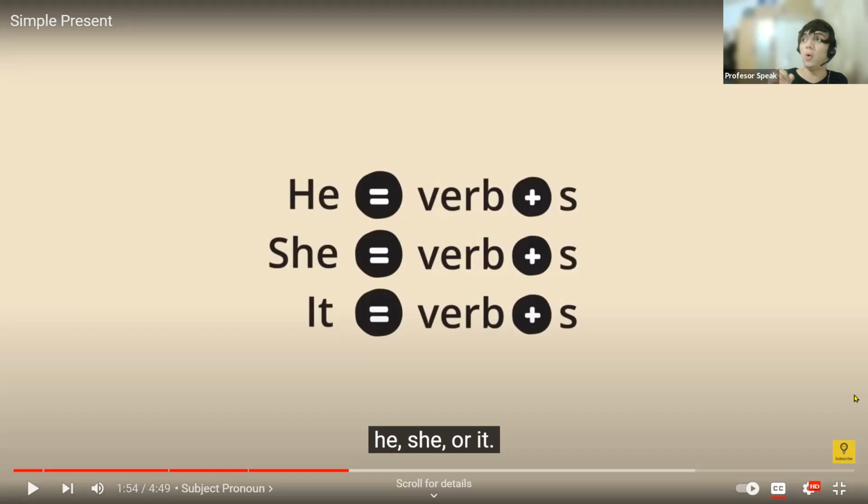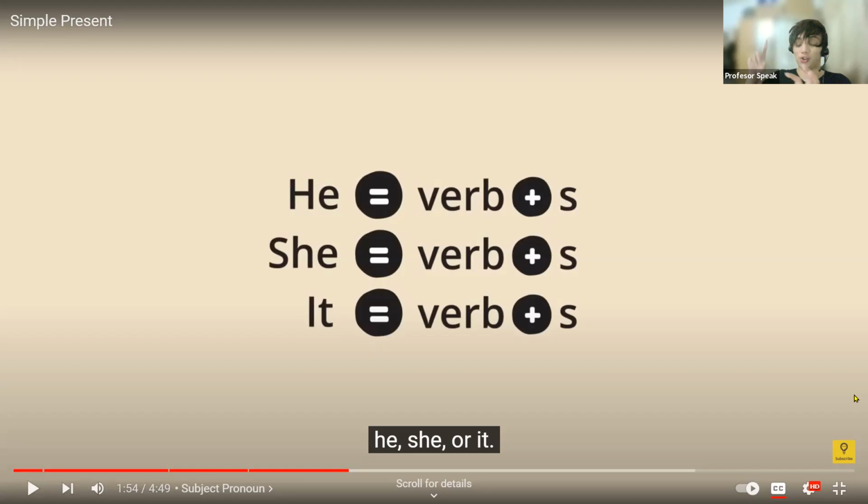Okay, so she speaks, he works, it rains, whatever. What's the difference between this one and the previous one? Just the s. Okay, I work, my brother works, my sister works, we work, they work.